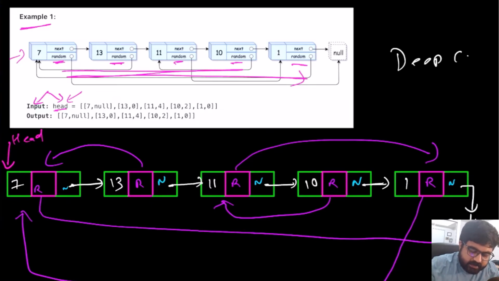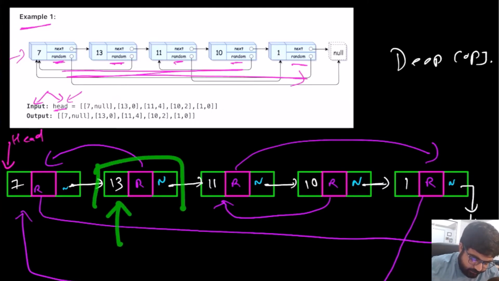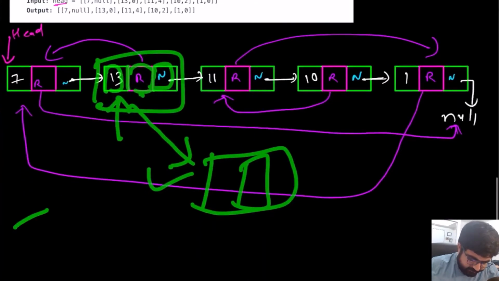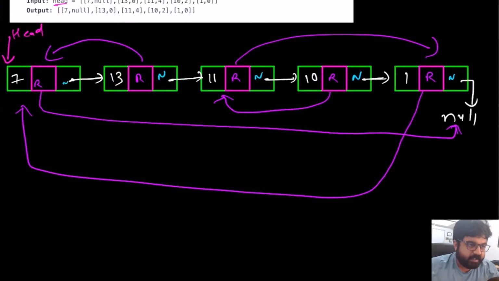So what does creating a deep copy mean? It means that if some node does not exist in our copy, then we create a new node, take all of these values exactly as mentioned, put these values inside our new node and mark it as the node in our sequence, and then in the end we need to return the newly created linked list.